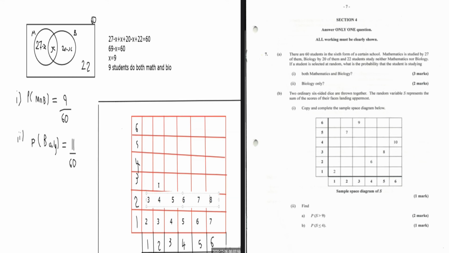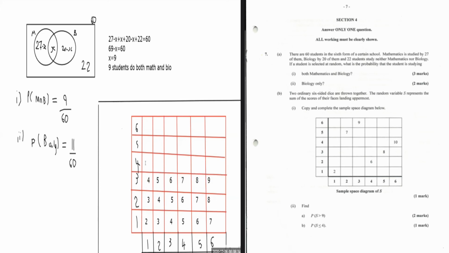That's the sample space right there. Let's go over to here now. 3 plus 1, 4, 3 plus 2, 5, 3 plus 3, 6, 3 plus 4, 7, 3 plus 5, 8, 3 plus 6 is 9. So get the gist of it already.